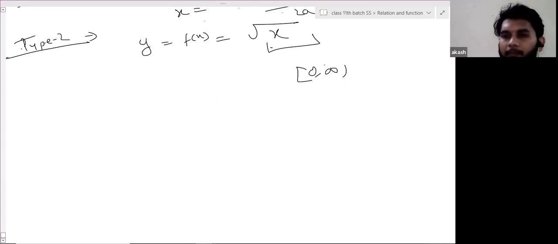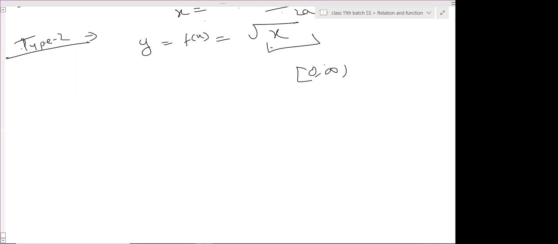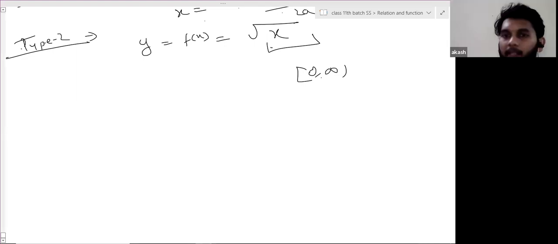Is this clear? Yes, sir. So under root can never take any negative value. So you always have to make this x positive. So for this, the domain will be x greater than equals to 0, or 0 to infinite.